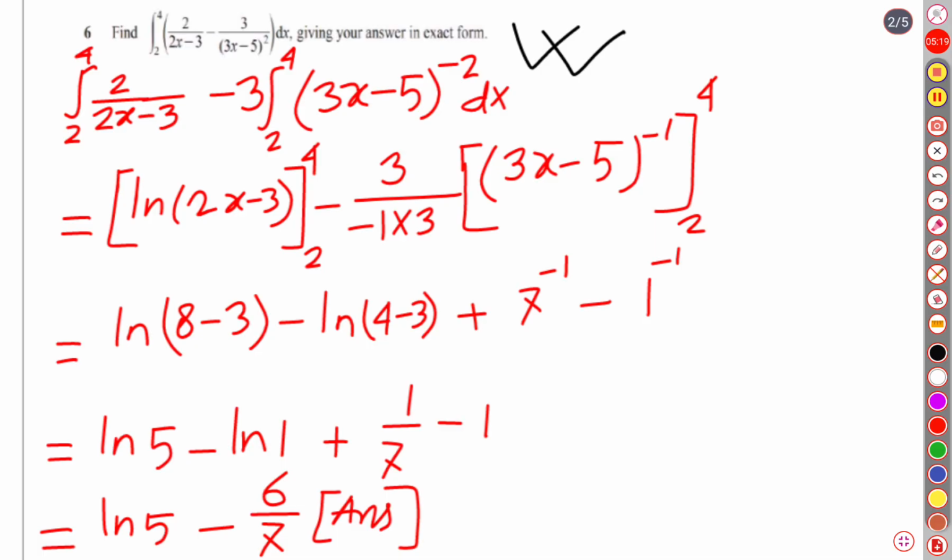integrate 2 over 2x minus 3, minus 3 over (3x minus 5) whole squared. As you have already come to know, it's all about exponents. So we will isolate them exponentially. Well, the first one we can leave here.